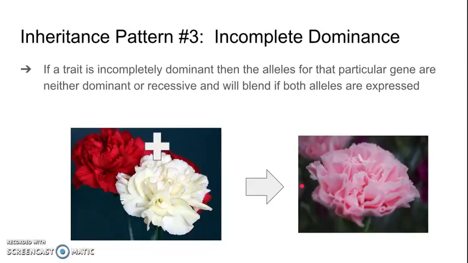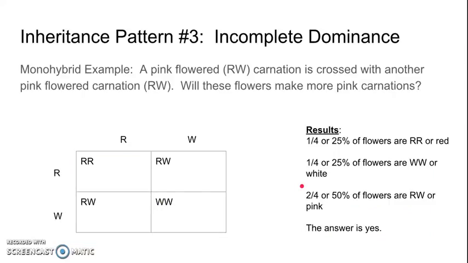So let's look at a Punnett square example of this. A pink flowered carnation, which is written RW, so R represents the red allele, W represents the white allele, giving us RW for pink, is crossed with another pink flower carnation. Will these flowers make more pink carnations?